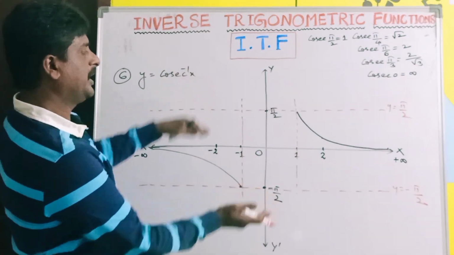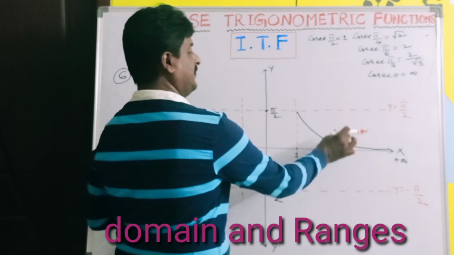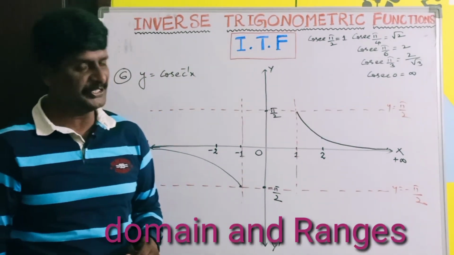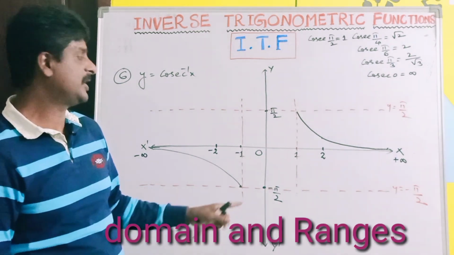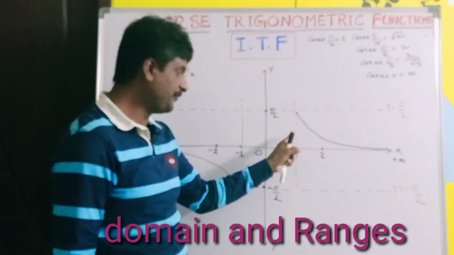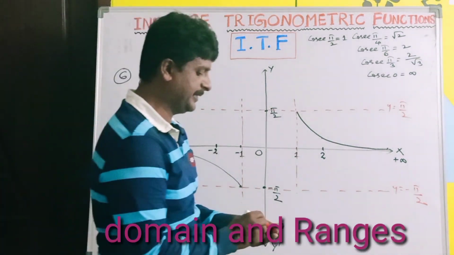So these are the boundaries. Boundaries are nothing but the range. X values where the graph is defined is its domain. So what is the domain of cosecant inverse x now? On the x-axis from 1 to the right-hand side, from minus 1 to the left-hand side.